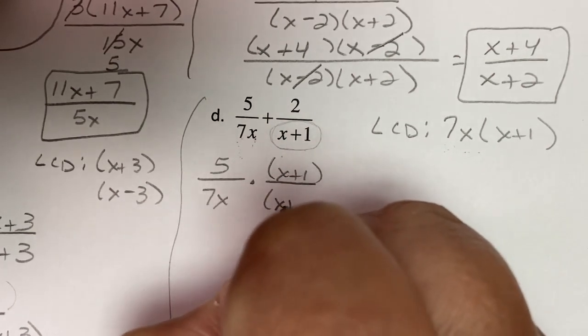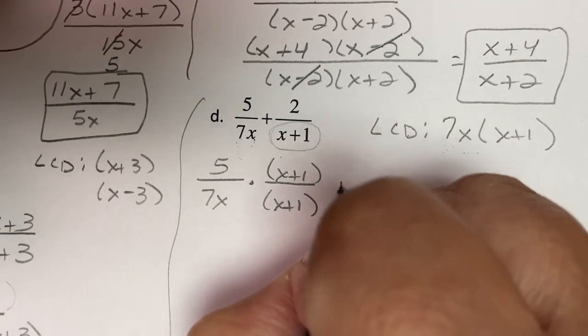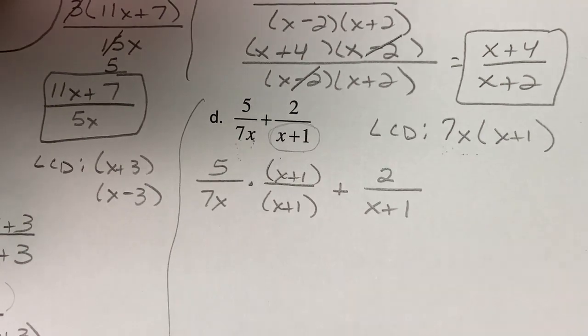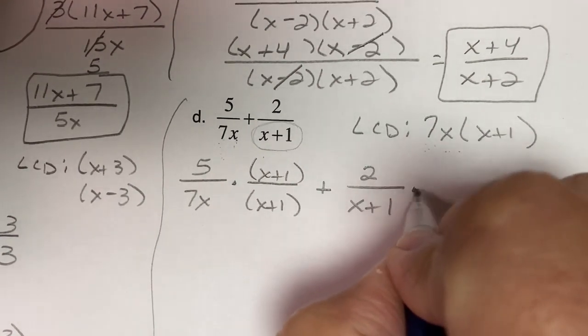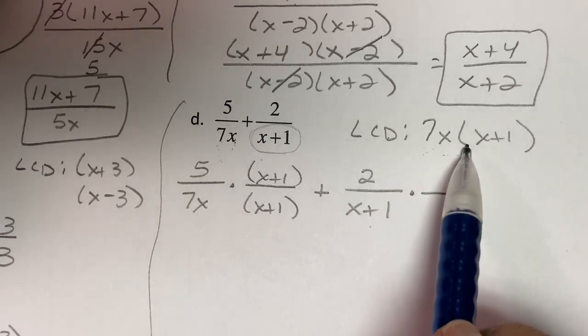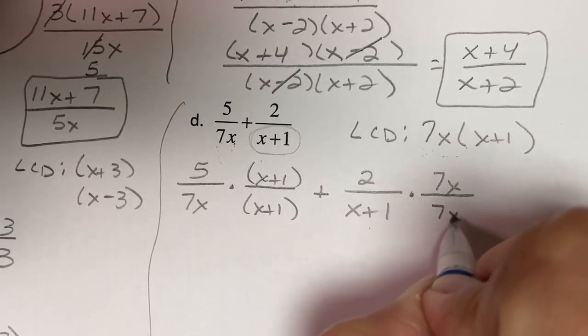So I'm going to multiply top and bottom by x plus 1. Plus, let's rewrite the second fraction. Again, I want this denominator to look like this. So what's missing? Well, I need both the 7 and the x.